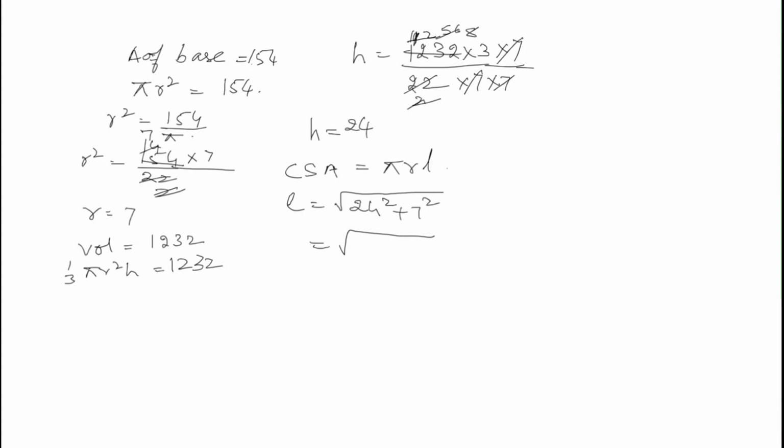What is 24 squared? 576, ma'am. 576 plus 49 is 625. Square root of 625 is 25. Now find pi r l. CSA is pi r l, which is 22 by 7 into 7 into 25. The answer is 550, ma'am.